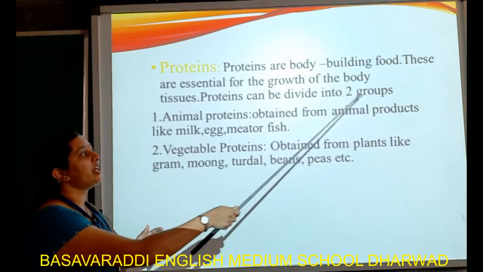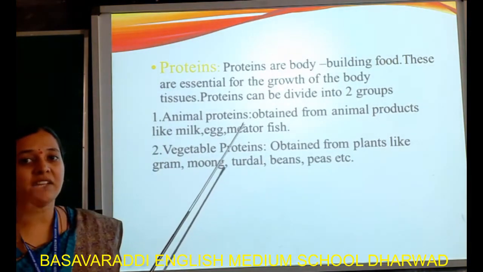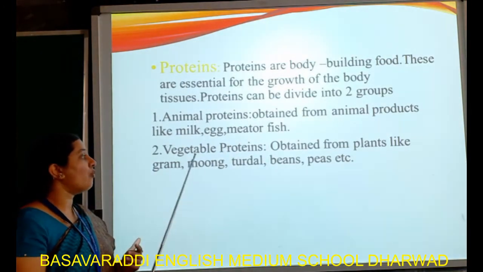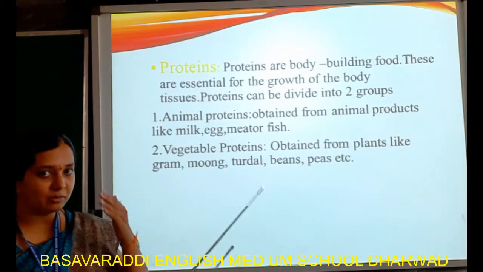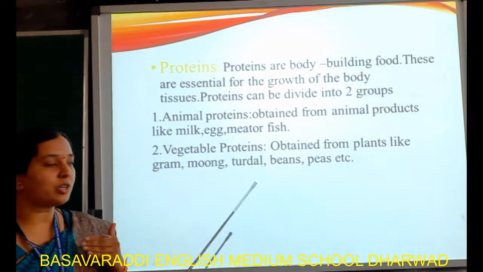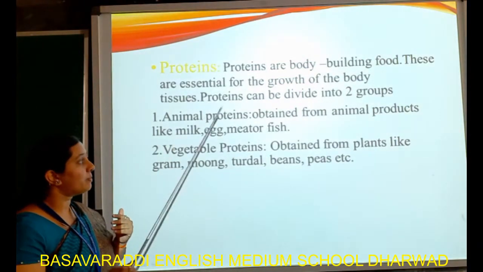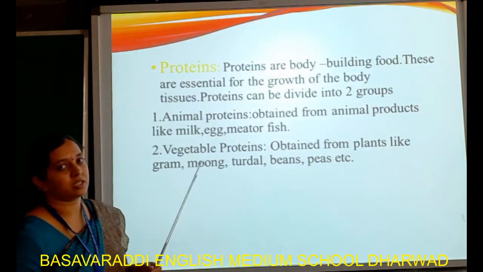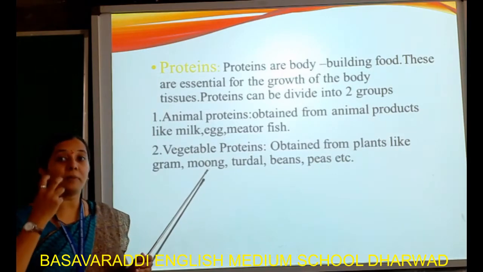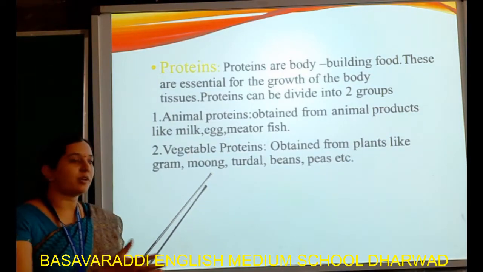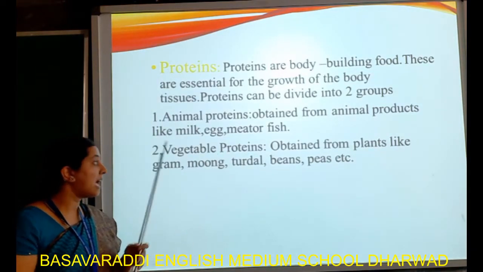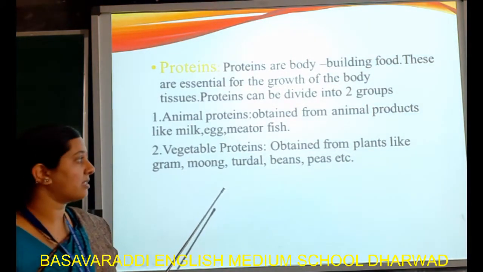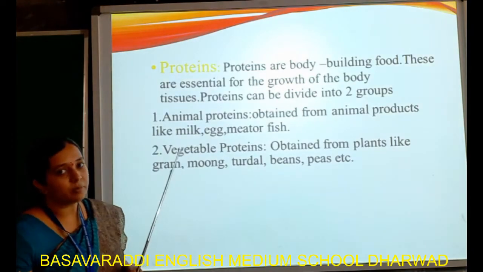Proteins can be divided into two groups: animal proteins and vegetable proteins. The proteins obtained from animal products are called animal proteins, and the proteins obtained from plants or vegetables are called vegetable proteins.